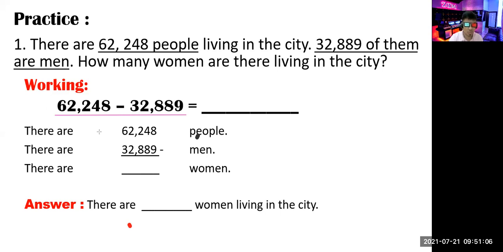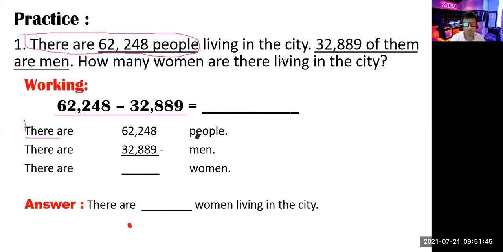Now later on in number 2, you will do like this. Here, there are 62,248 people. These words you can see here in the problem, so all you need to do is just copy this one and write it down here.